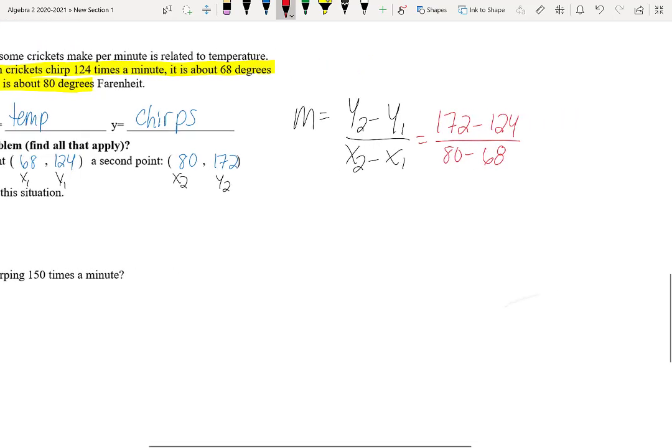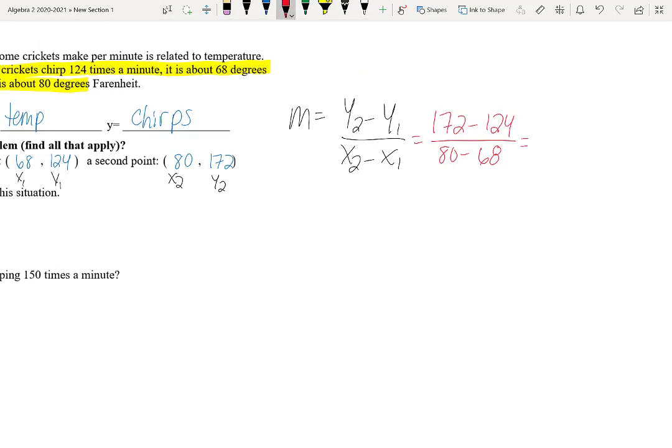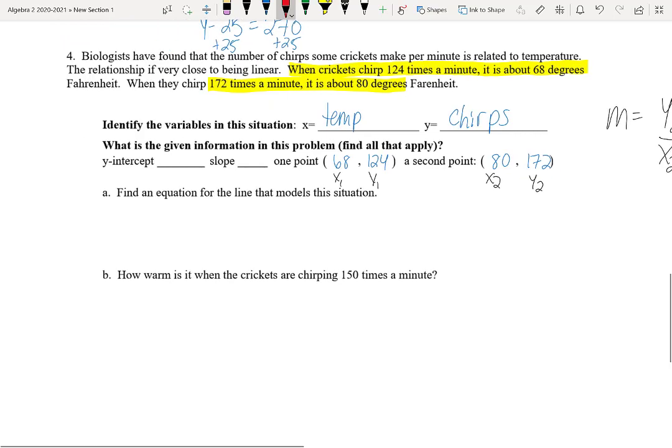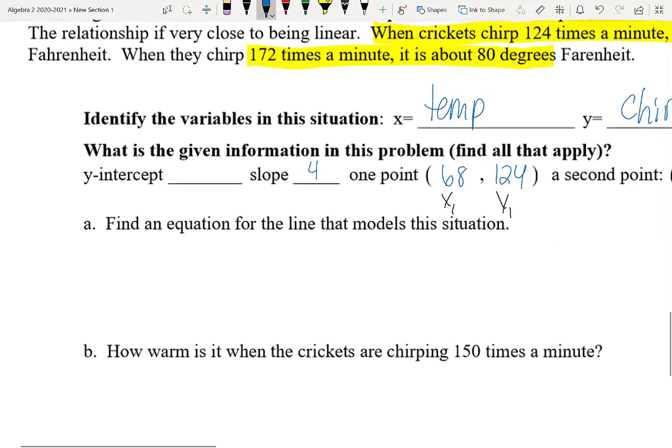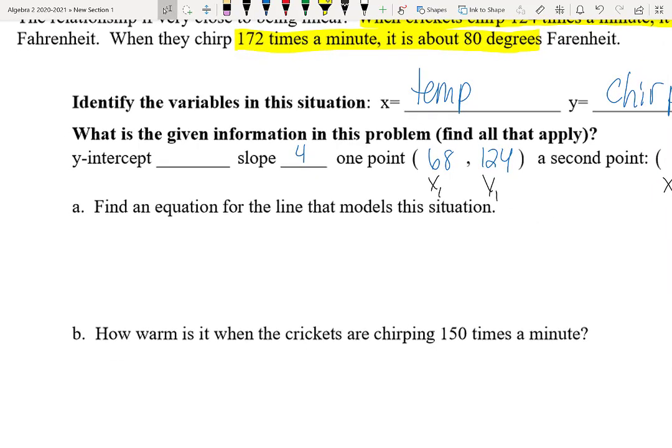When I do that, I end up with 172 minus 124 is 48. 80 minus 68 is 12, which reduces to just 4. 4 chirps per minute, or per degree. Chirps per minute per degree. That would be the weird unit of my rate. So it's saying that for every degree that my temperature increases, I'm going to increase 4 chirps per minute. So from here, it's up to you on how you proceed.